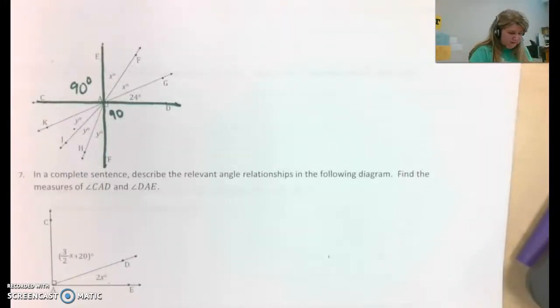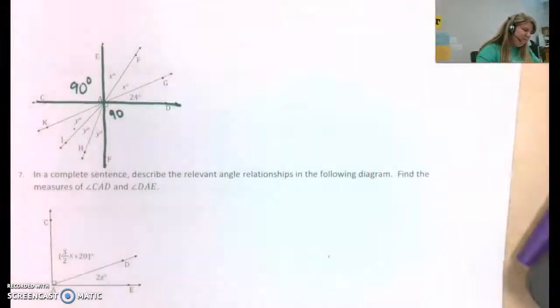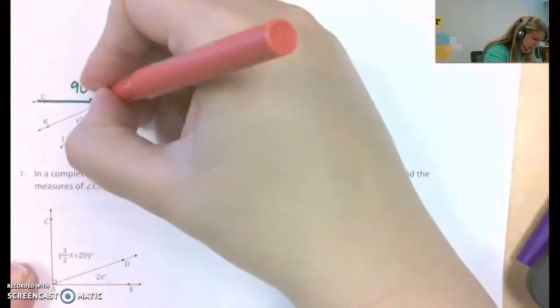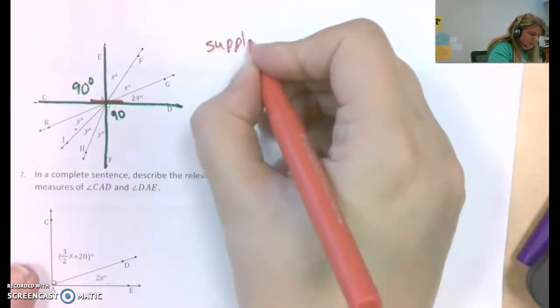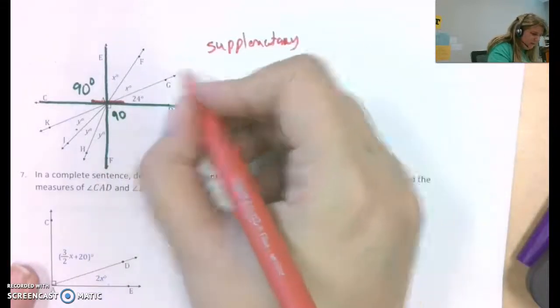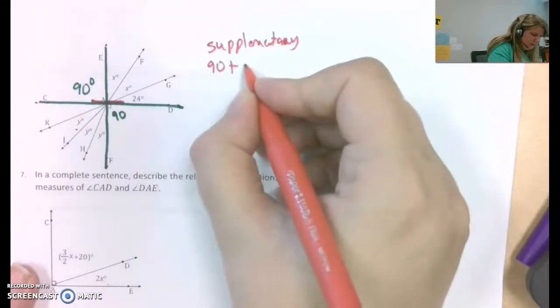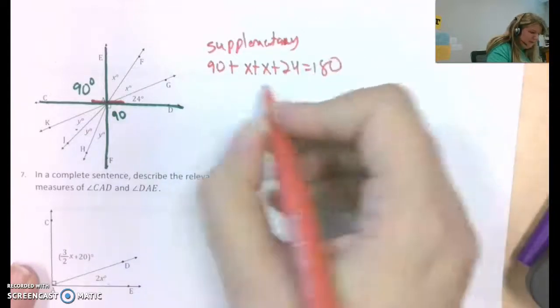Alright, let's see what else. Altogether, this is supplementary. So I think I can go ahead and find the value of x. 90 plus x plus 24 is 180.